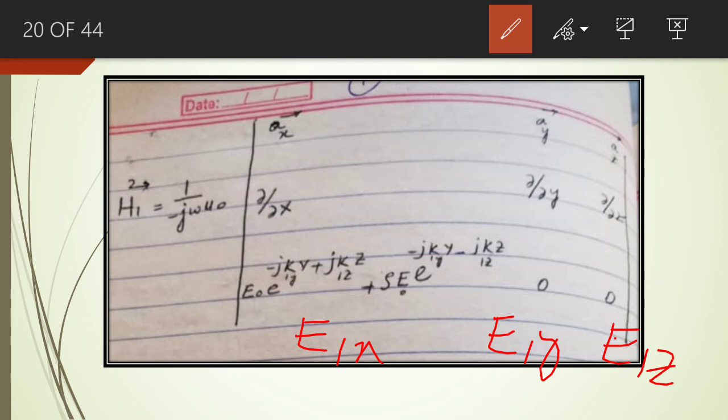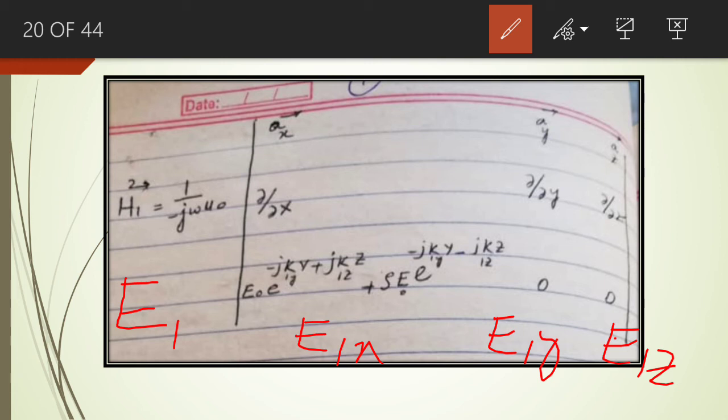E1 has no component along y axis and no component along z axis. So I am going to consider the equation for E1 in order to show you guys that there is only one component of this vector E1, that is the x component.